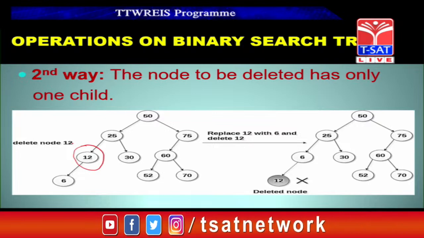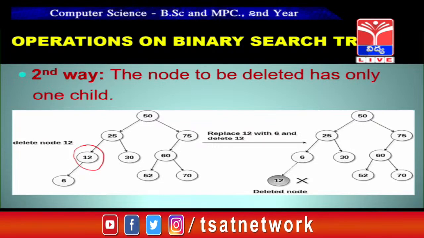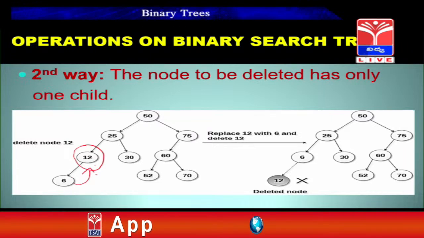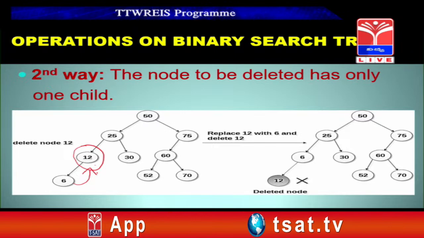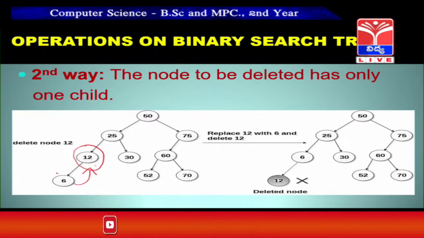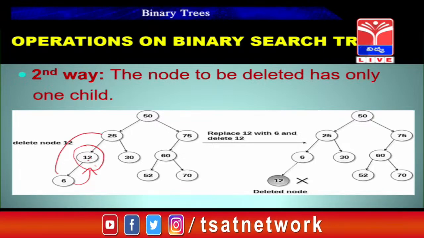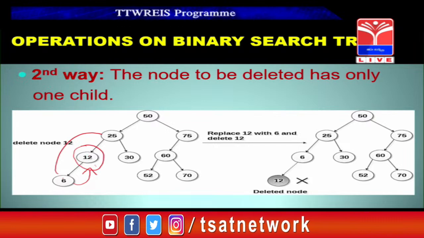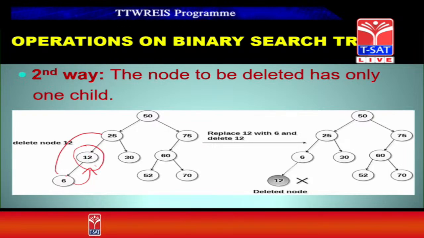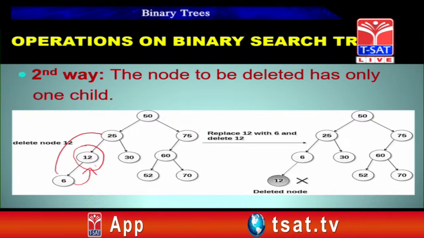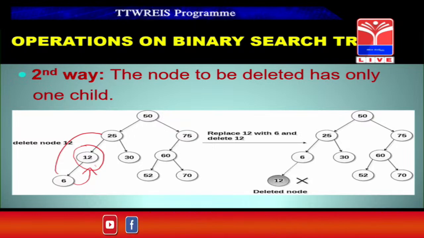While deleting this data element 12, we must replace it with its child node. Why? Because if we don't replace this node with its child node, the relation between this child node and the parent node of node 12 will be lost. The relation between data element 6 and data element 25 will be lost. So while deleting a node with one child, we must replace the data element with its child node.